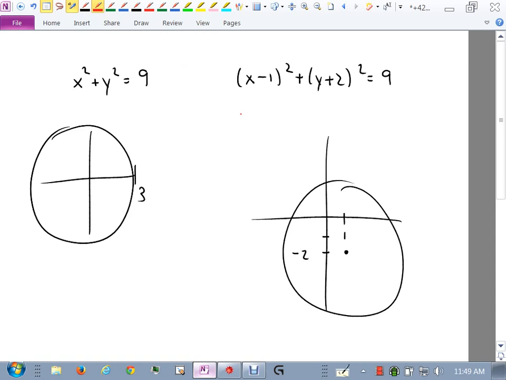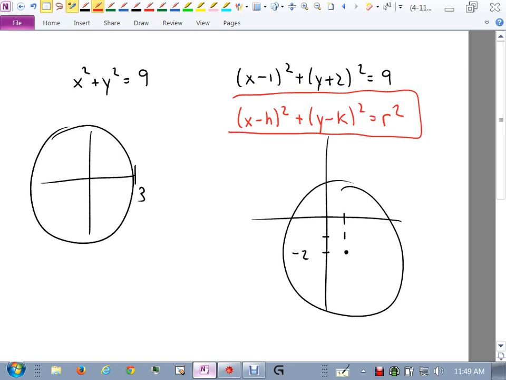So what we had in probably pre-cal or somewhere maybe before that was this general formula for a circle, right? x minus h squared plus y minus k squared equals r squared, where h, k is the what? The center. That's the center of a circle.